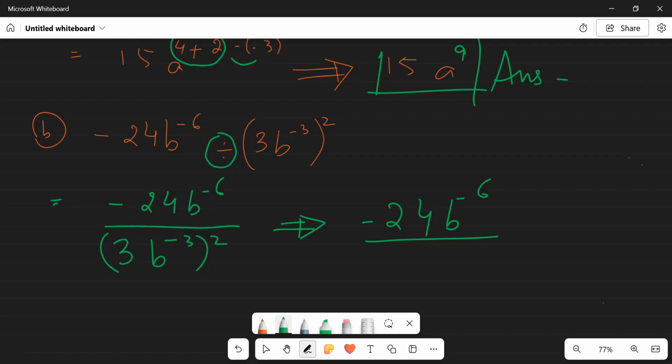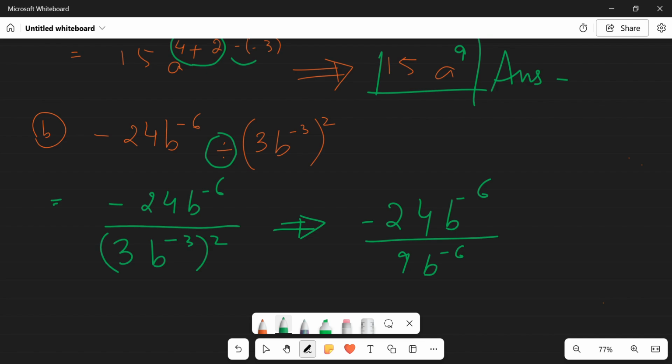So 2 and 3: 3 times 3 gives you 9, and minus 3 multiplied by 2, power over power we multiply, so b to the power negative 6 here.